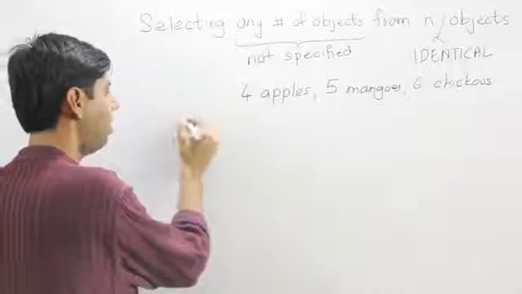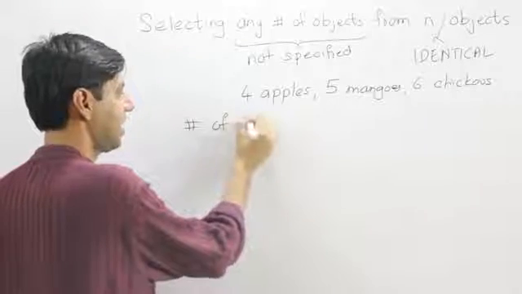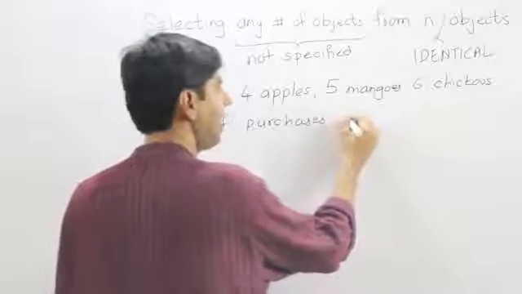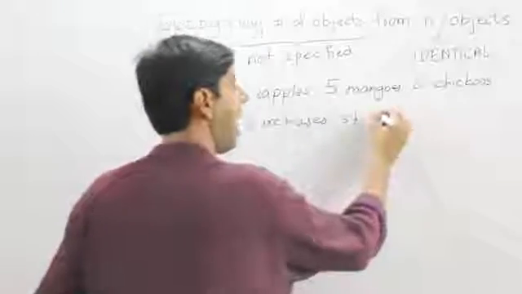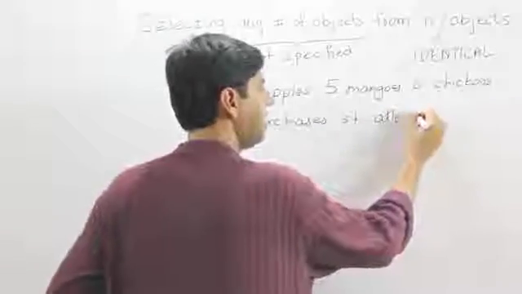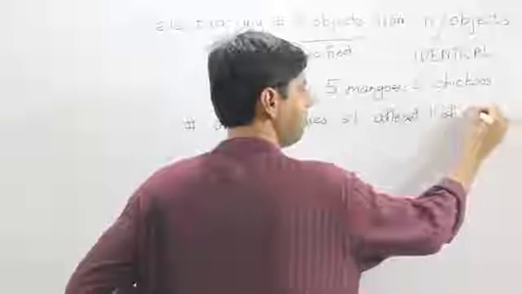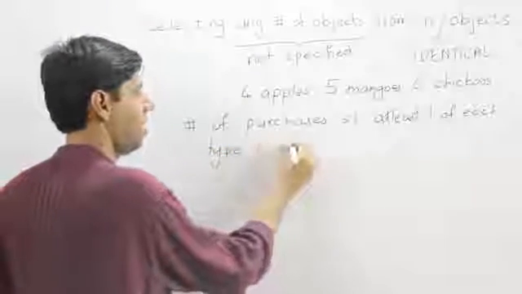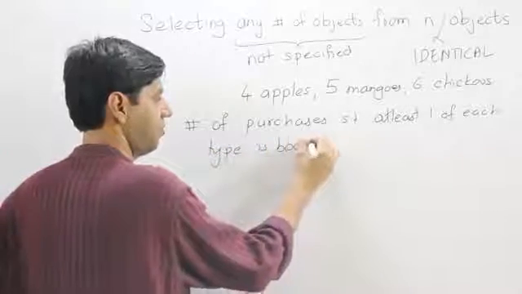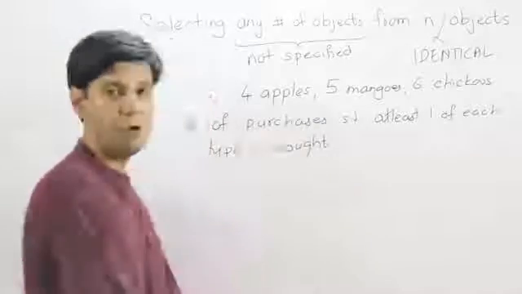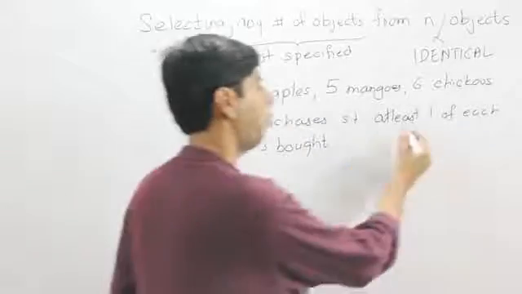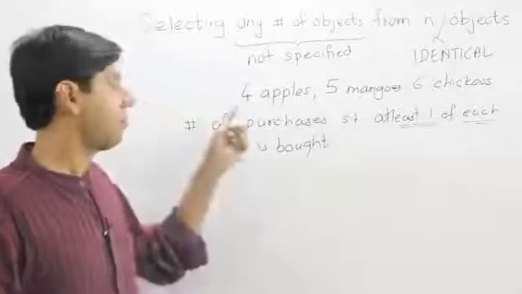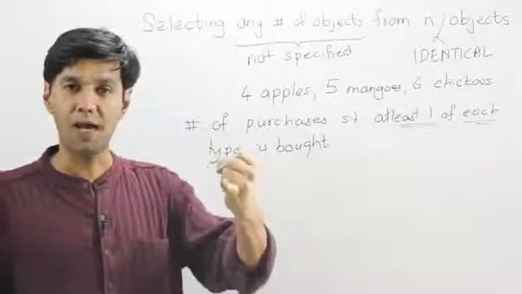Now, in how many ways could I make purchases, and obviously different purchases, let me add a condition such that at least one of each type is bought.